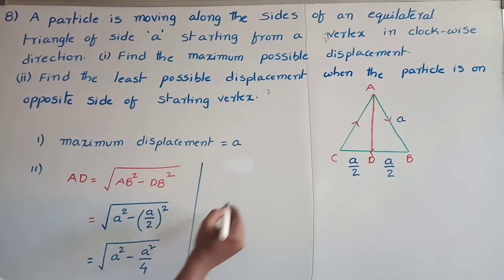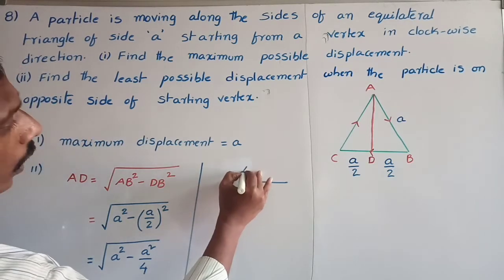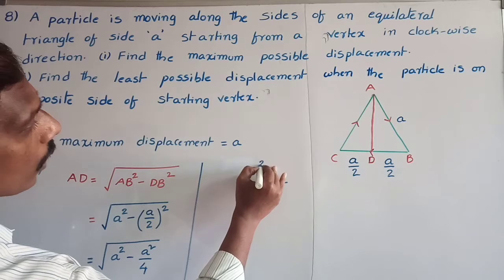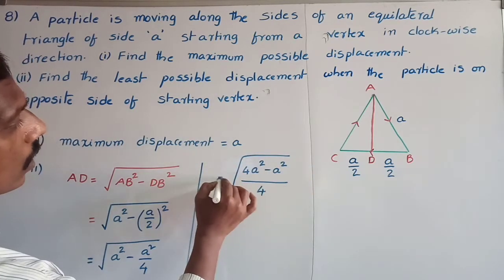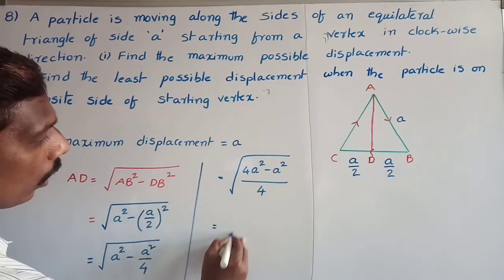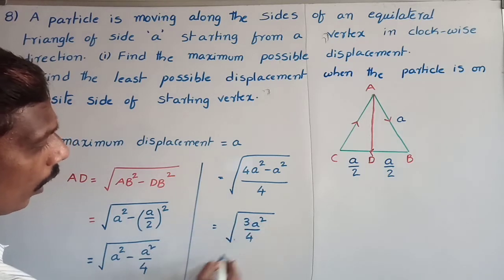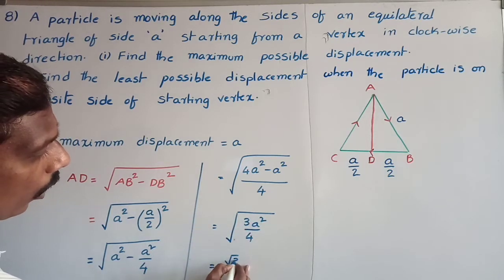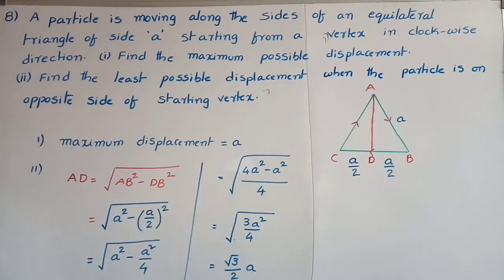Taking LCM, 4 is the LCM, we get 4A square minus A square, root over 3A square by 4. From this we can write root 3 by 2 into A. This is the least possible displacement.